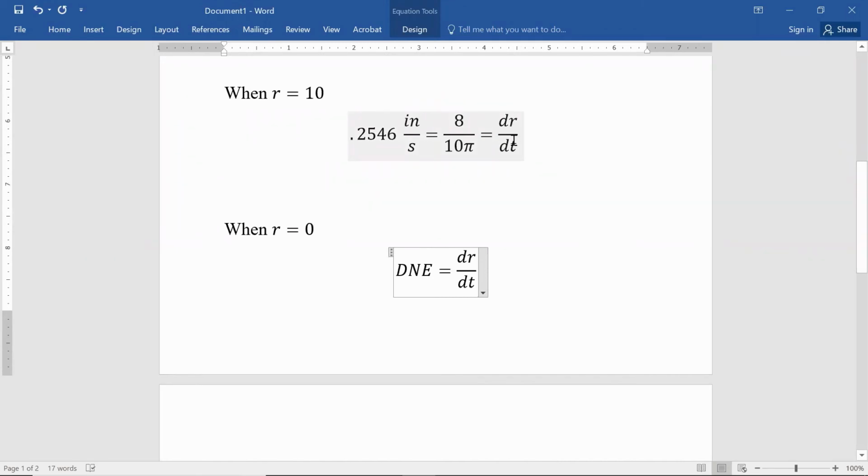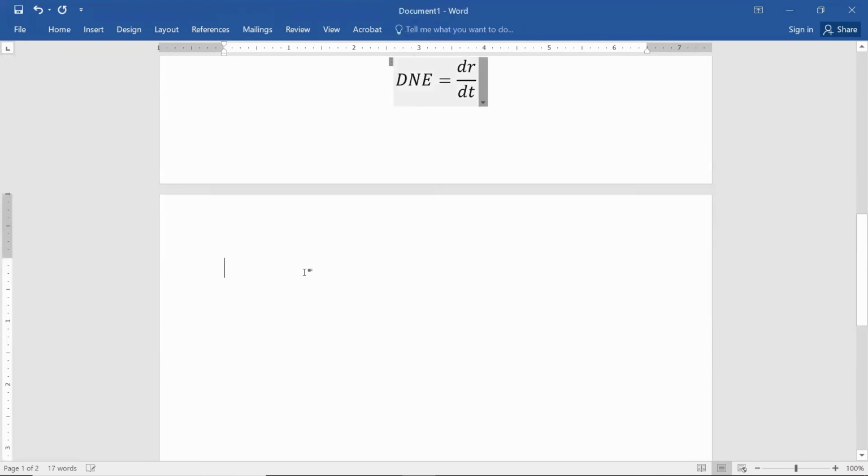We've done that in the previous example. We looked at how the area of the circle changes with respect to the radius. And we found out that the change in the area of a circle with respect to time was 2 pi r times dr over dt.